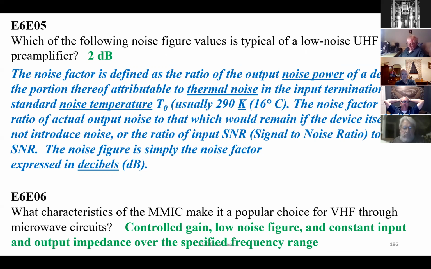Number 6, which characteristics of the MMIC make it popular choice for VHF through microwave circuits? It's going to be D, controlled gain, low noise figure, and constant input and output impedance over the specified frequency range.